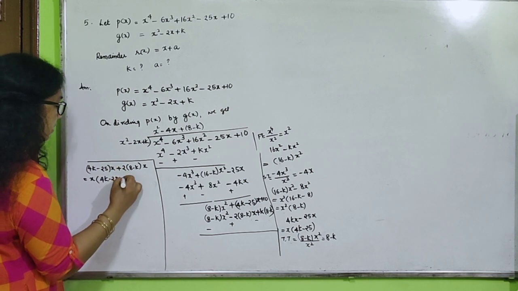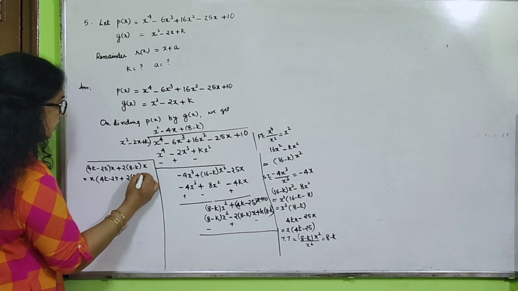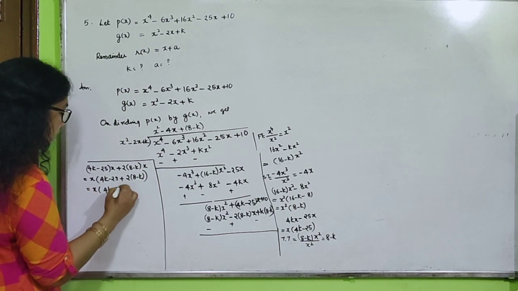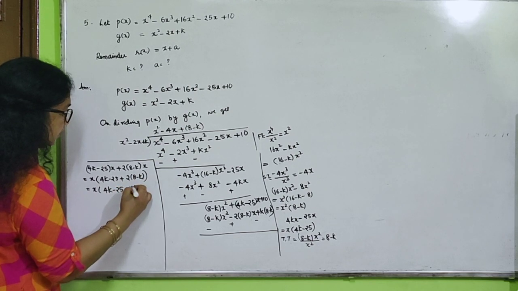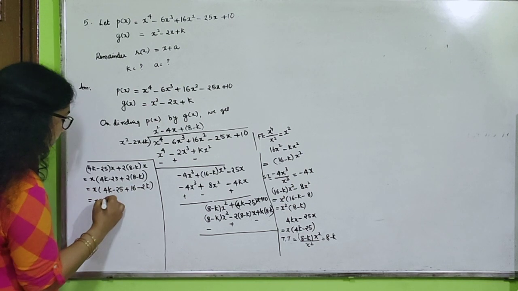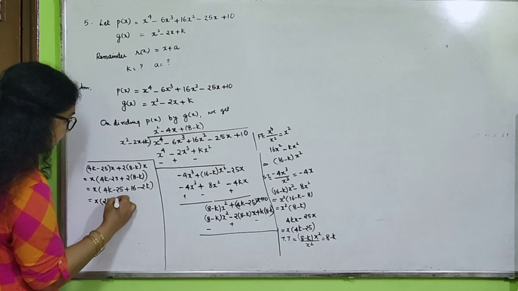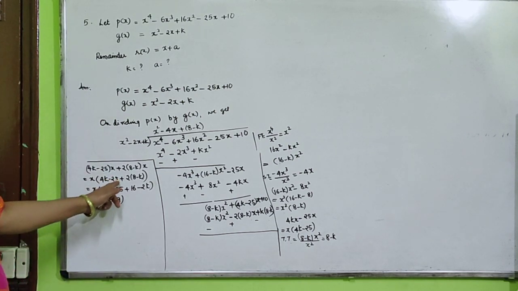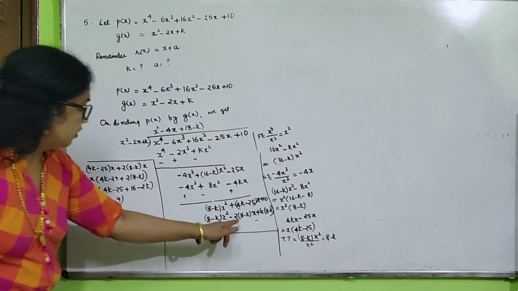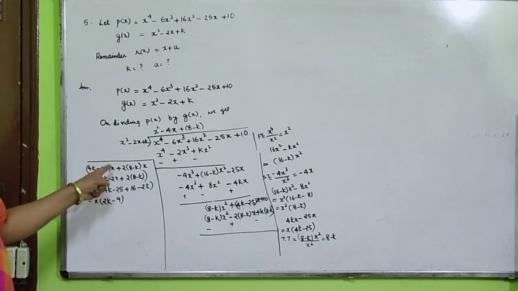Here what is remaining? 2 into 8 minus k. So x into 4k minus 25 plus 2 8s are 16 minus 2k. That is x into 4k minus 2k, 2k. Minus 25 plus 16, minus 9. 25 minus 16 is 9. On simplification you get x into 2k minus 9. So separately you have to simplify it in this way.